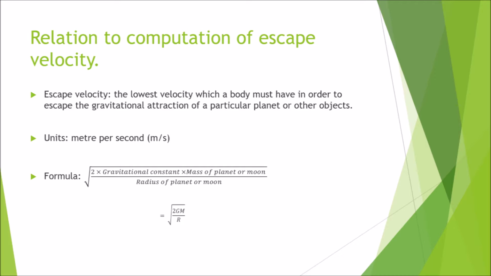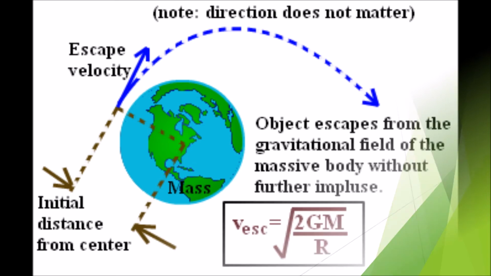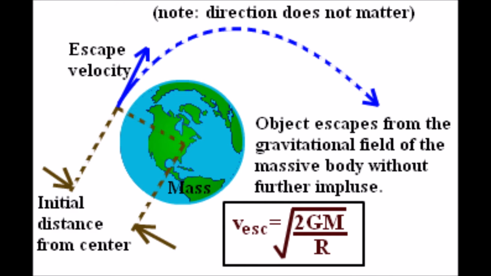The formula for this equation is the square root of 2 times gravitational constant times mass of planet or moon divided by radius of planet or moon. For example, the escape velocity on Earth is about 11.2 kilometers per second, which is about 33 times the speed of sound.